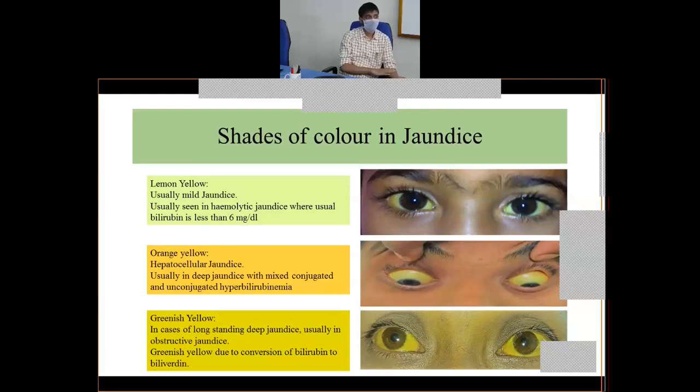This long-standing jaundice gives rise to greenish yellowish tints due to conversion of bilirubin to biliverdin, and this greenish tinge is because of the biliverdin. So remember, lemon yellow you will get in mild jaundice. Orange represents deep jaundice, and greenish yellow usually represents long-standing jaundice, which also represents deep jaundice.